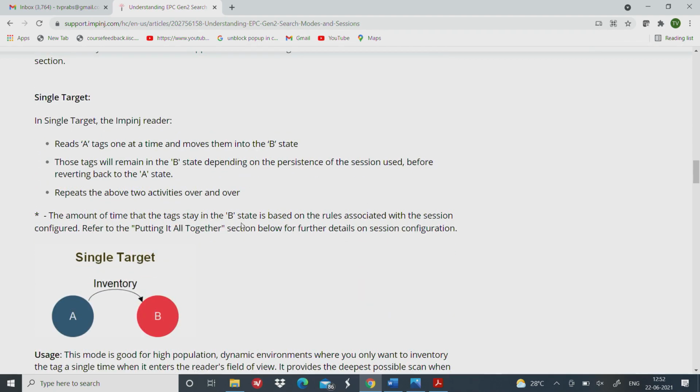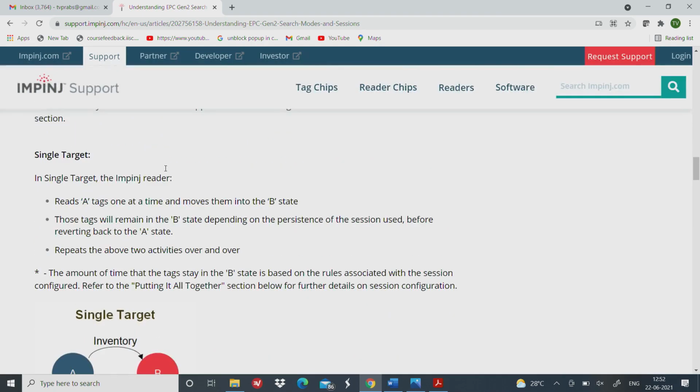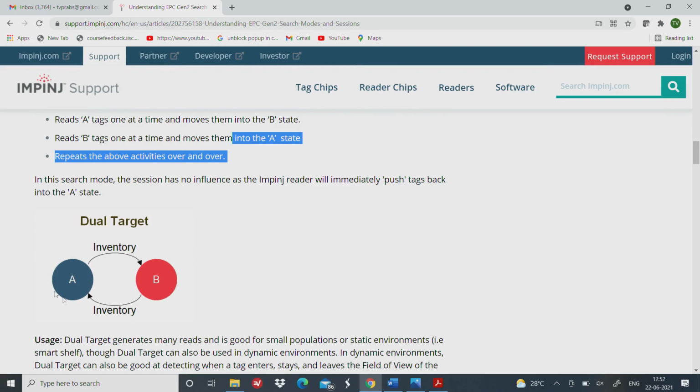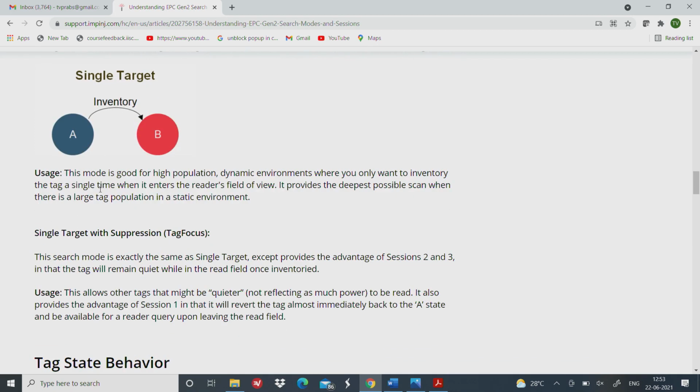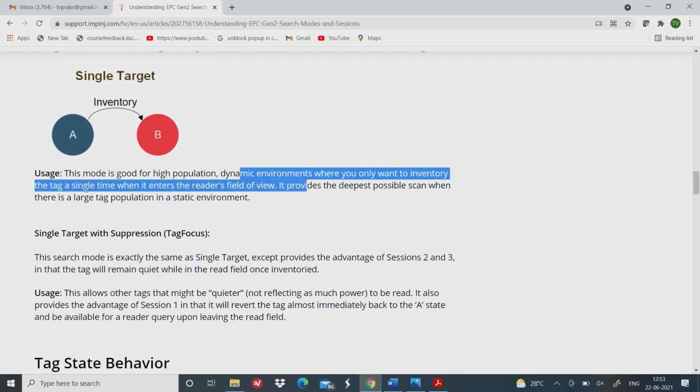He mentions this very clearly. In single target you do not see the arrow going back, you only see a single arrow. That means you read in state A, then you go to B and you do not read here, that means you are only reading in one state and therefore it is called single target. This mode is good for high population dynamic environments where you want to inventory the tag a single time when it enters the read field of view.